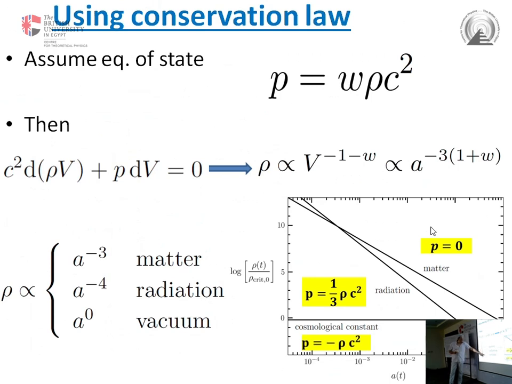And this one is always constant. So in the very beginning, so to speak, after inflation, we have radiation domination. The universe is dominated by the radiation density. And then later on, it's dominated by matter, and this one, the constant, while these are going down on a log-log plot.